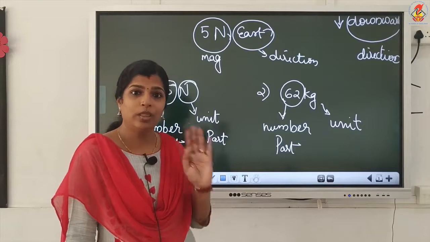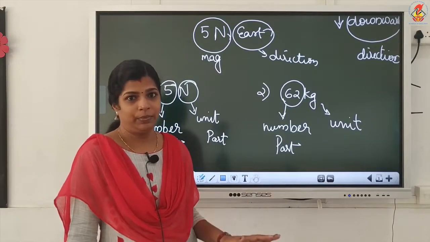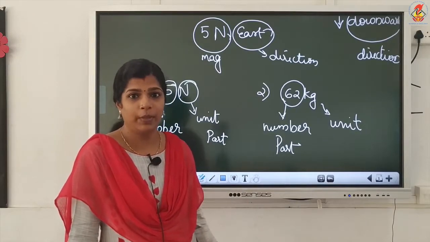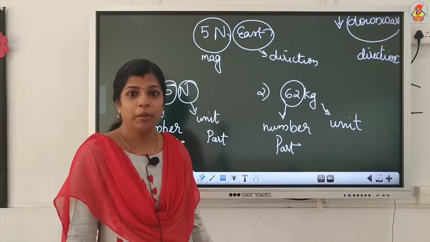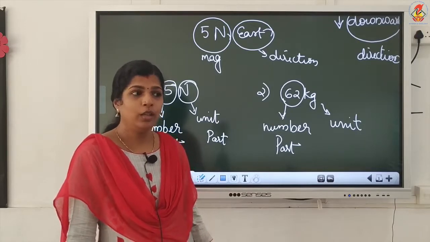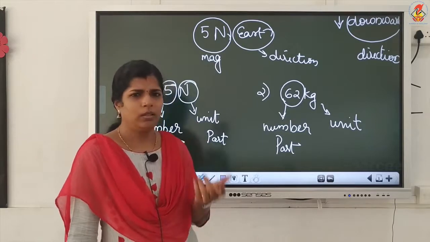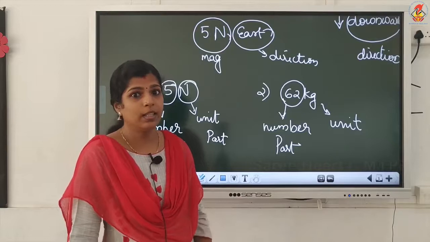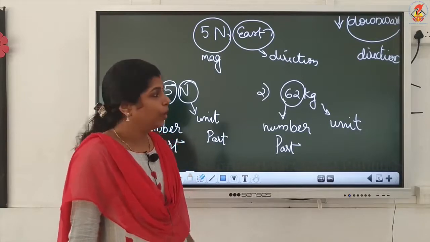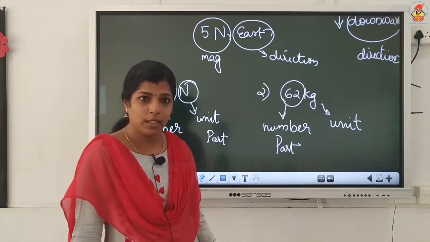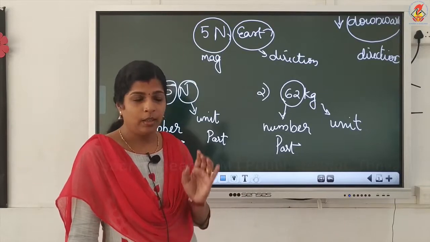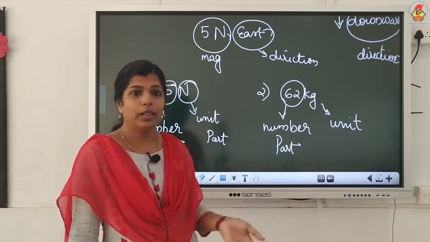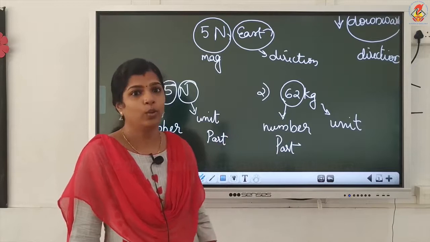Then only the whole answer will be complete. Here in 8th standard, 2 or 3 questions are there for you to do. In higher classes, the number will increase. So, when you do the problem, you will get a number as the answer, and along with that, you have to write its unit.